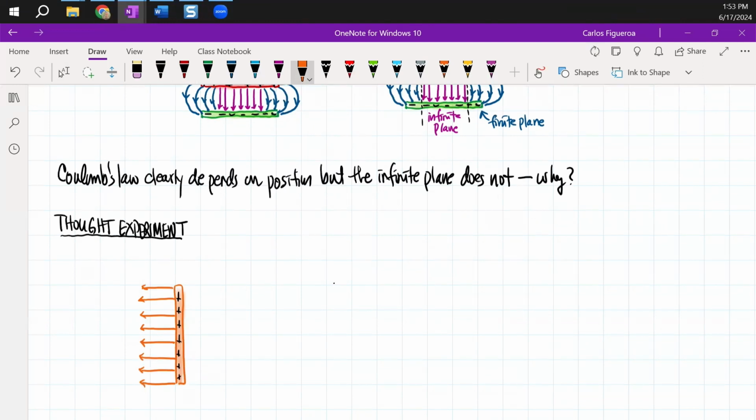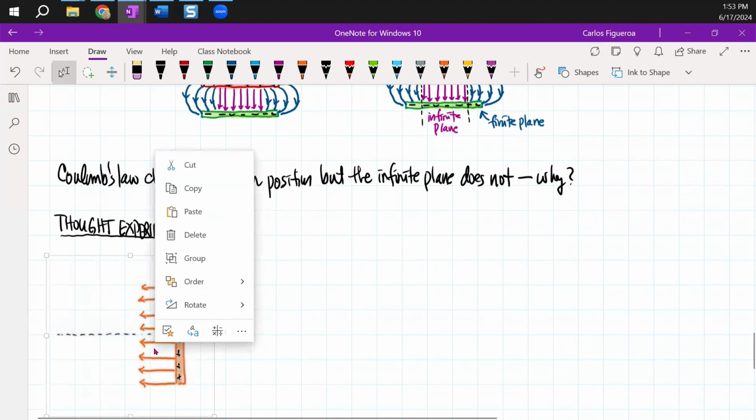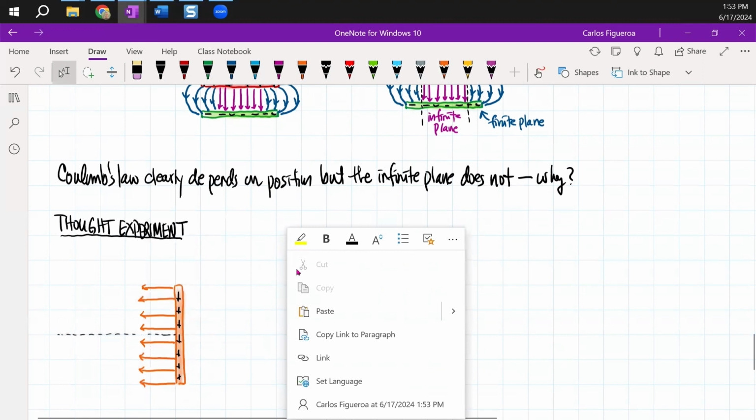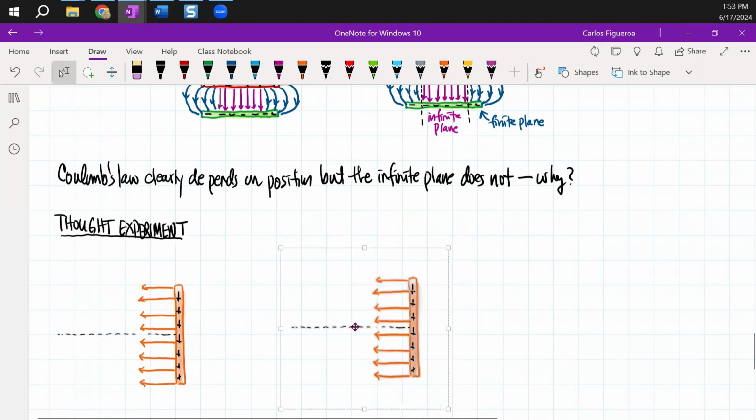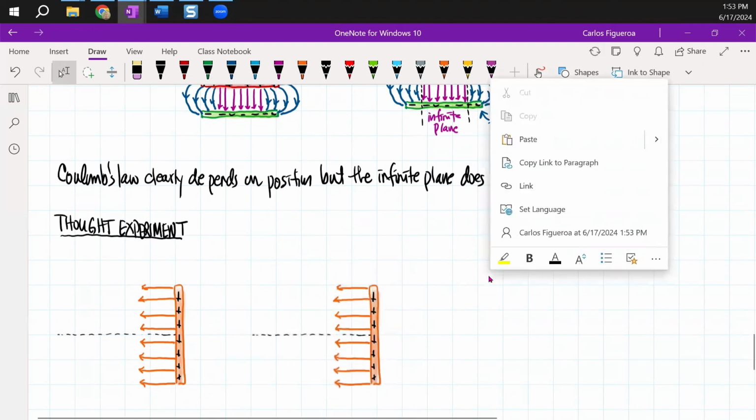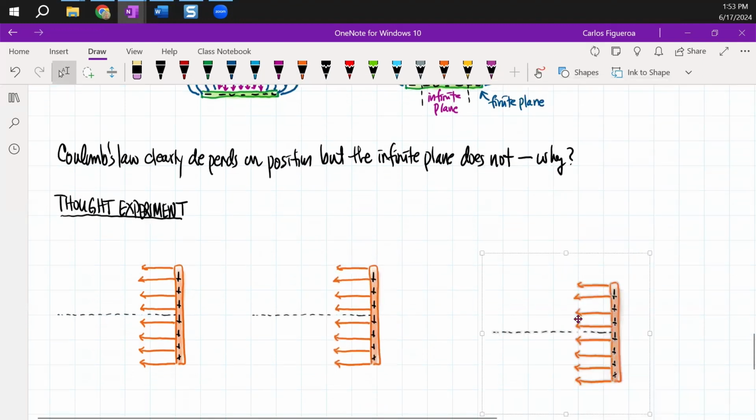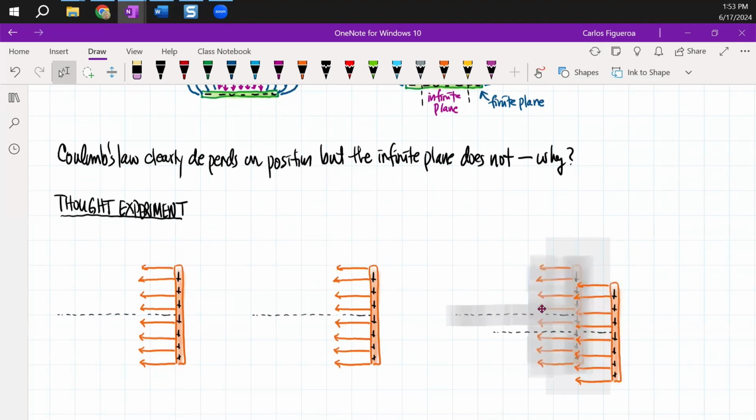Then I'm going to pick my point in the middle here, and I'm going to say that this is my axis right here, and that's where I'm going to put my point. Now I need to make 3 copies of this, and I'm going to try to space them out nicely. Yeah, so here we go.